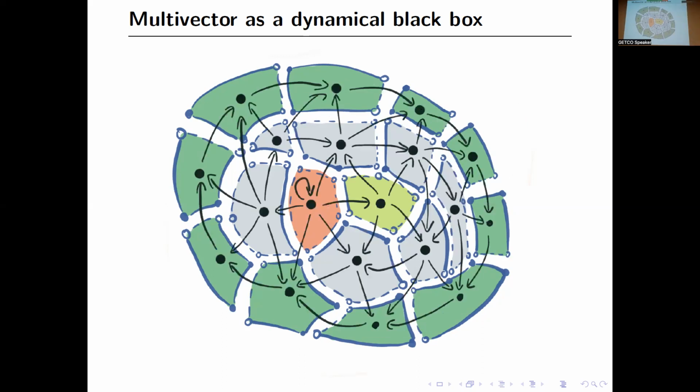And using this construction, we can build this directed graph that actually captures this combinatorial flow that we get from multivectors.